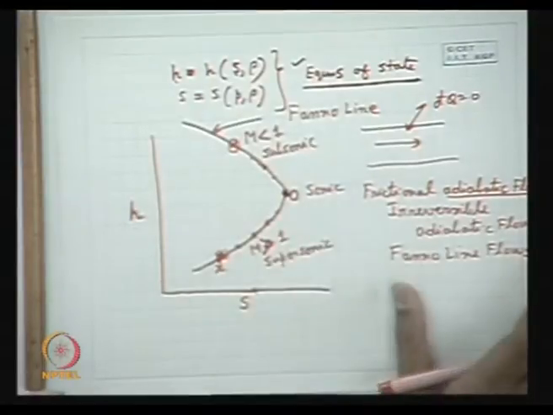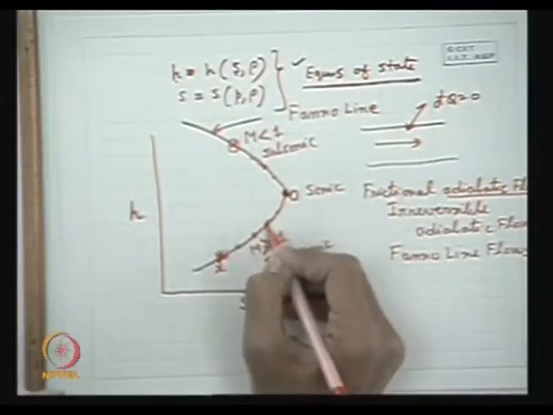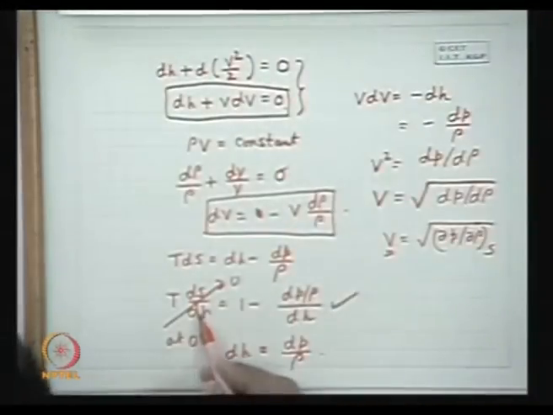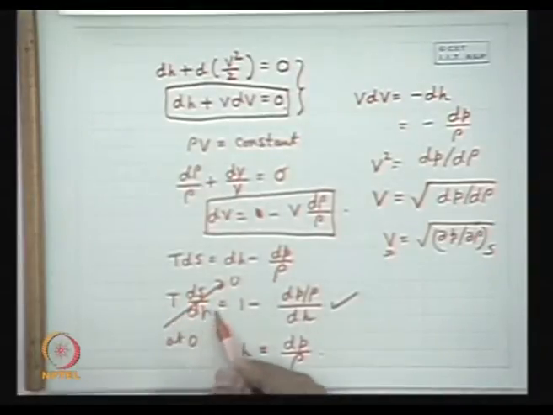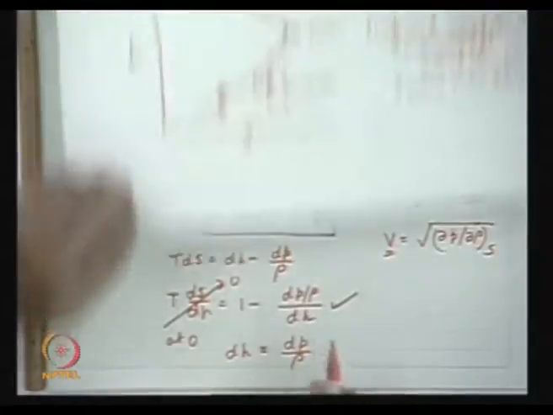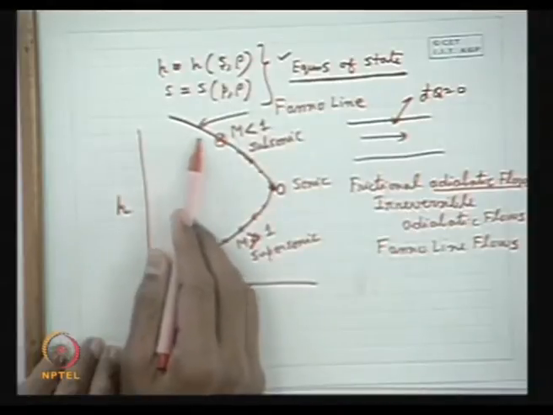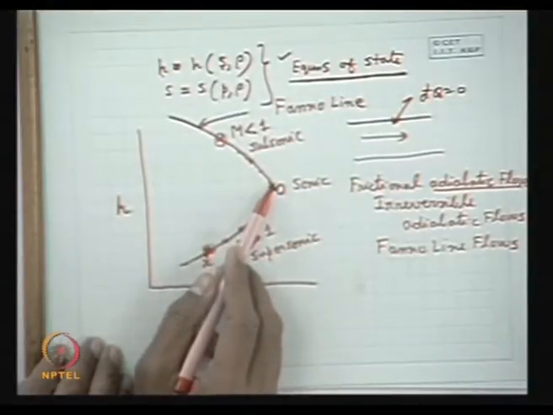Similarly we can show that this part of the curve is supersonic and this part of the curve is subsonic. It is a very simple intuition. In that case we will not put ds by dH as 0. In the lower portion of the curve, ds by dH is positive and in this part of the curve ds by dH is negative.